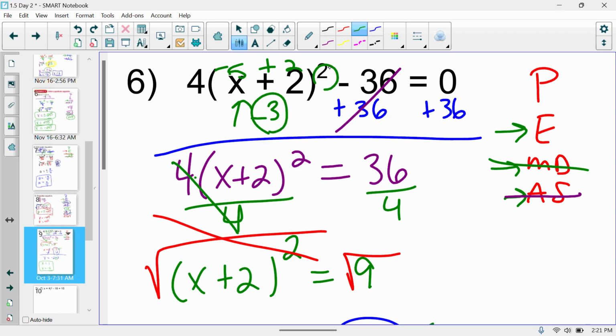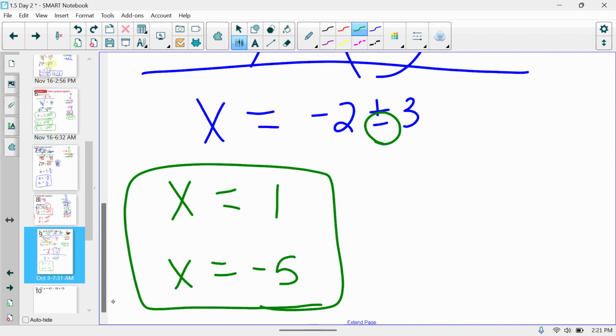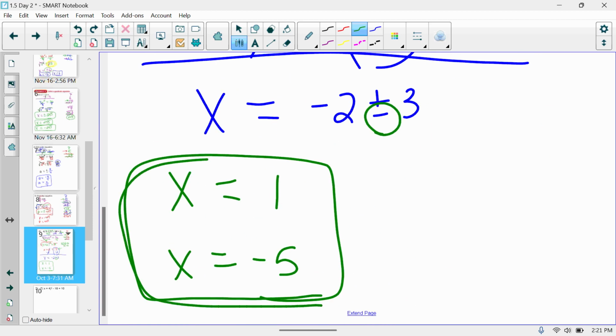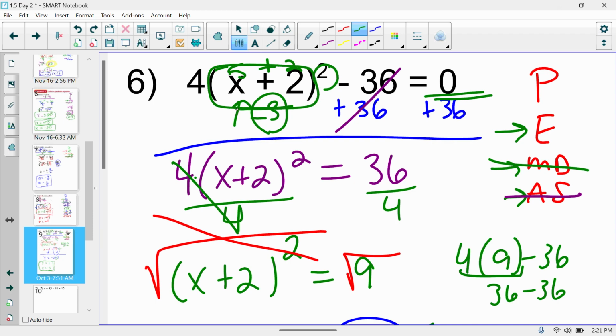Negative 3 squared is still 9. And then since we got 9 in the parentheses, you could go on and do 4 times 9, 36. And guess what? 36 minus 36 is 0. Okay? So both of them are going to work if you plug it in to check it. Those ones are a little bit harder when there's a quantity involved in it.